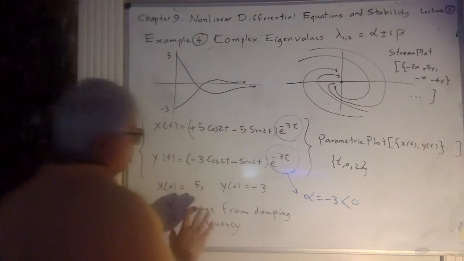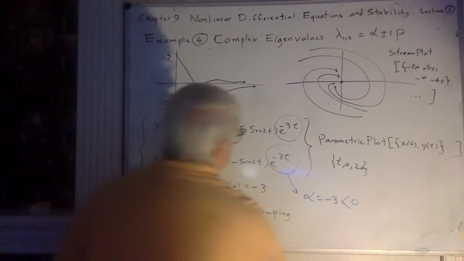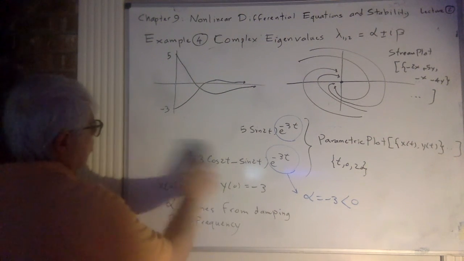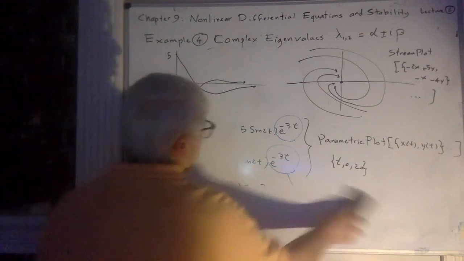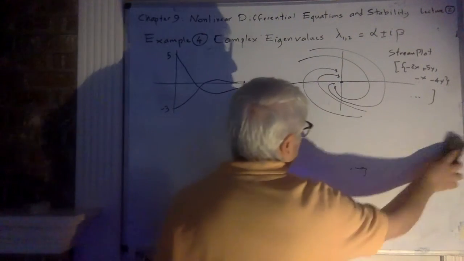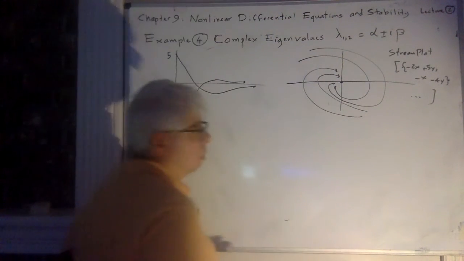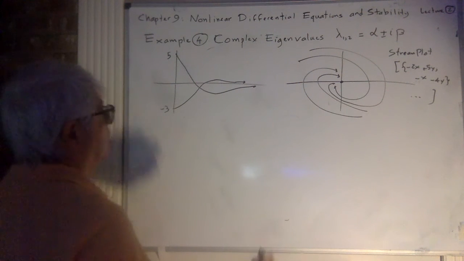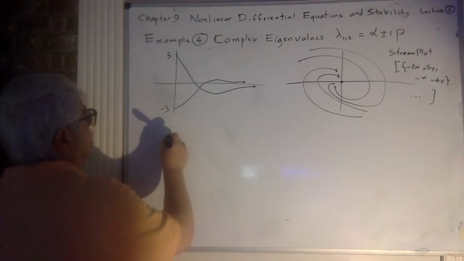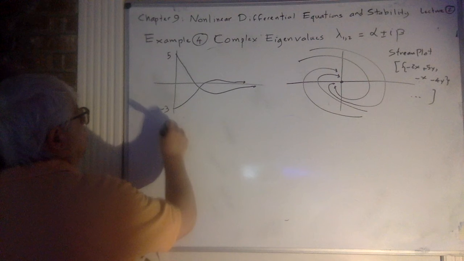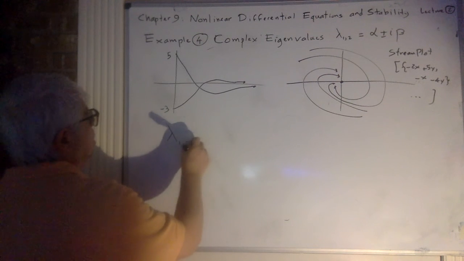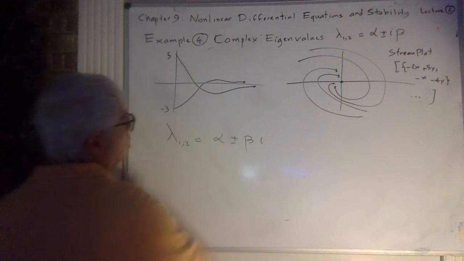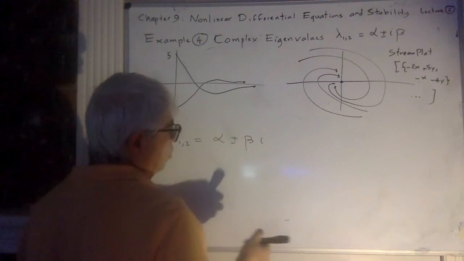Well, the other situation is when you have alpha positive. So let me erase this thing and give you some general idea. Without even solving the problem, you can say whatever the solution is, it's stable or unstable. So when you solve for lambda 1, 2, you will get something like this. This alpha is the damper or the damping coefficient.